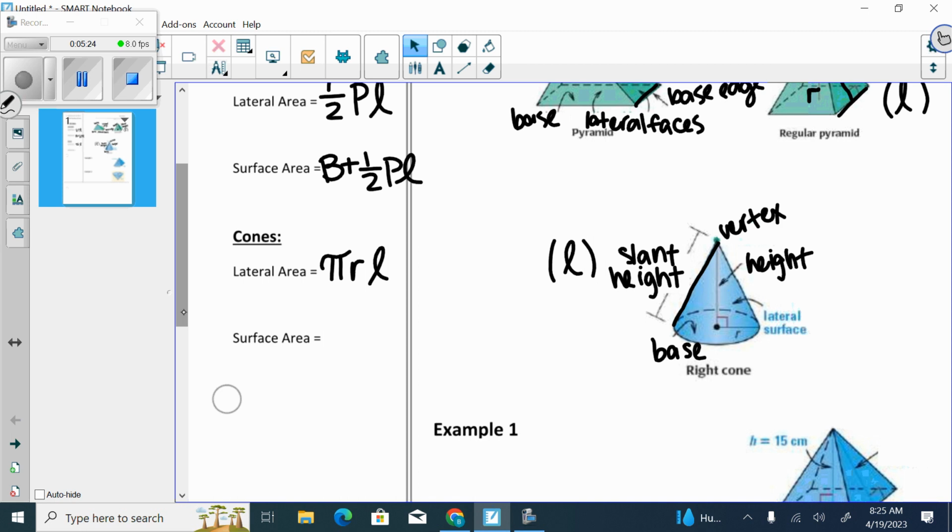And our surface area is the same thing, but add the area of the base. And how do you find the area of a circle? Pi r squared. So our surface area will be pi r squared for the base plus our pi r times slant height.